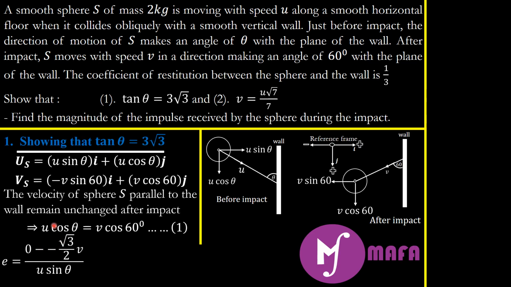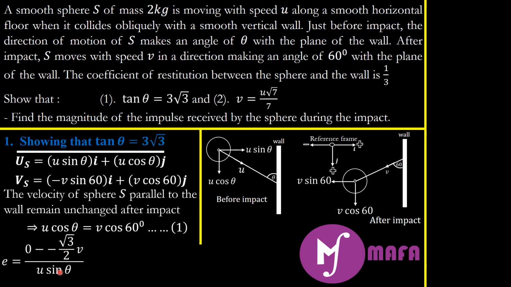But the final velocity of the sphere in the horizontal direction has a negative sign. That's why we take 0 minus. We are going to consider only this component because we are dealing with the horizontal direction, and sine 60 is √3/2. So we have 0 minus negative √3/2 because of the negative sign.